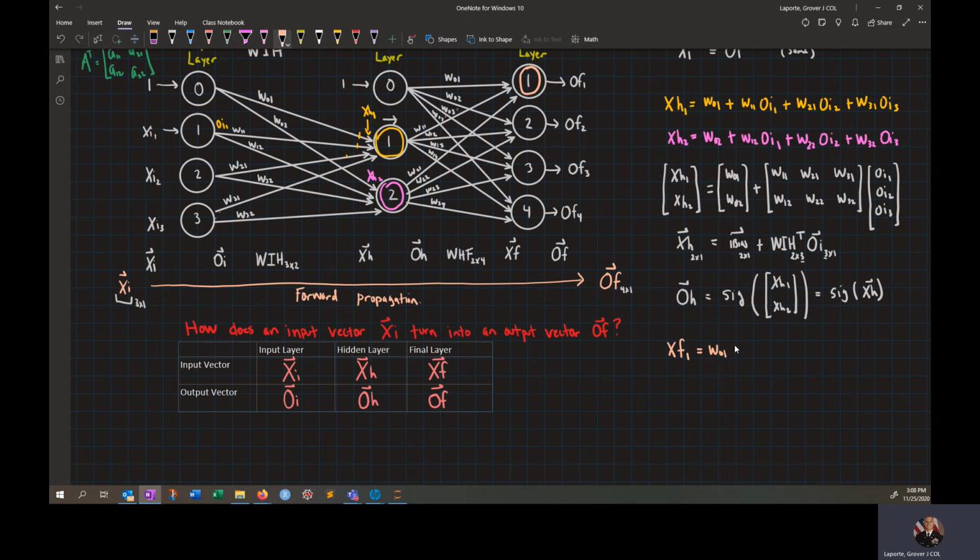So WO1 plus W11 times X1 plus, let's see what else is coming in, here it is, 2-1 into X2. Ooh, no, it's not X. That would be true if it was, this would be output of the hidden 1, output of the hidden 2. So it should be something like that.